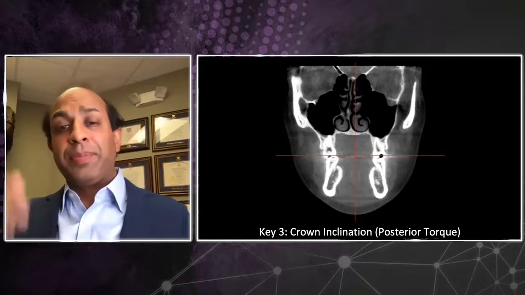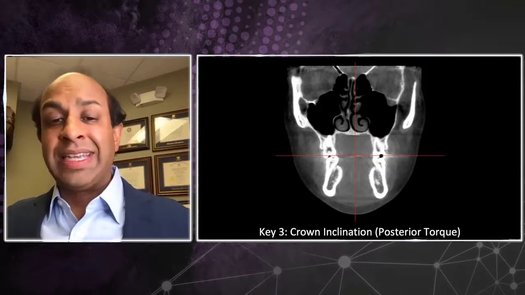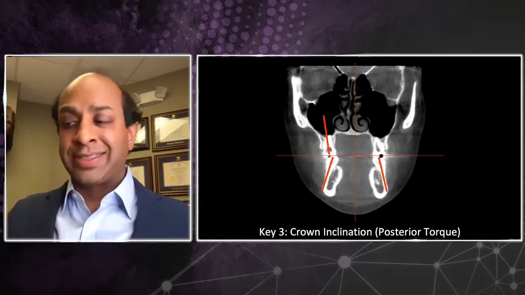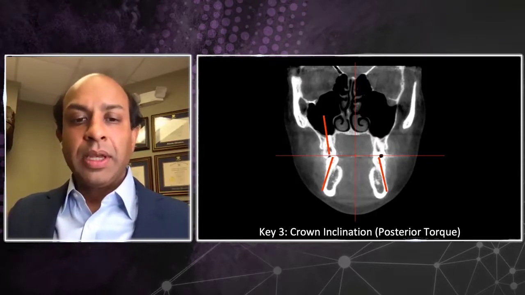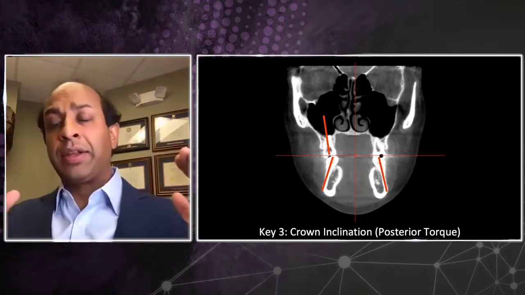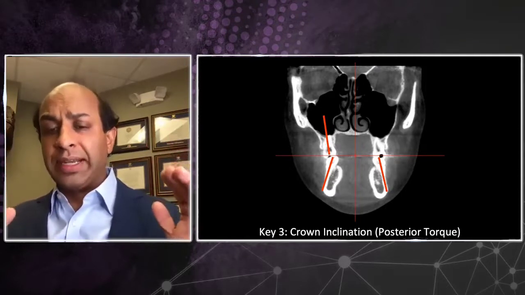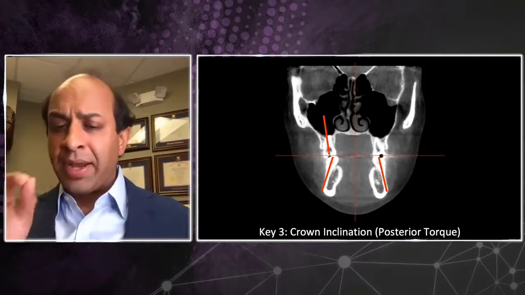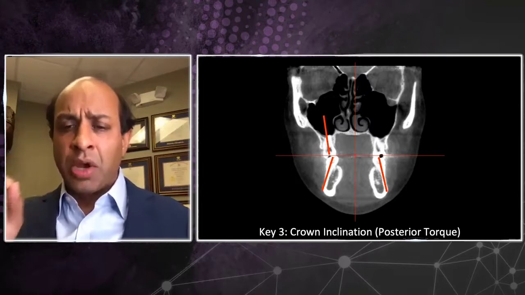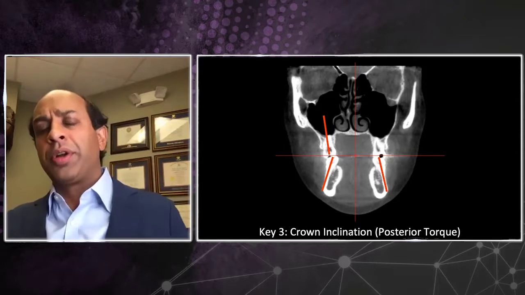If we look at that in the CBCT version, we can see even more information that's concerning. So not only is there an excessive inclination or torque on those posterior teeth, but positionally, the body position of those lower molars is infringing upon the facial or the buccal cortical plate.